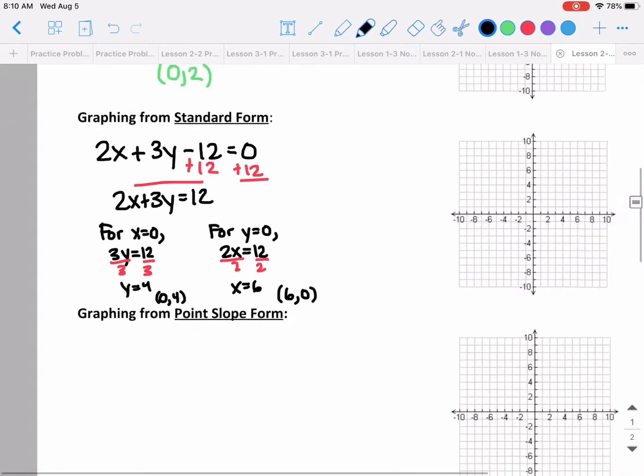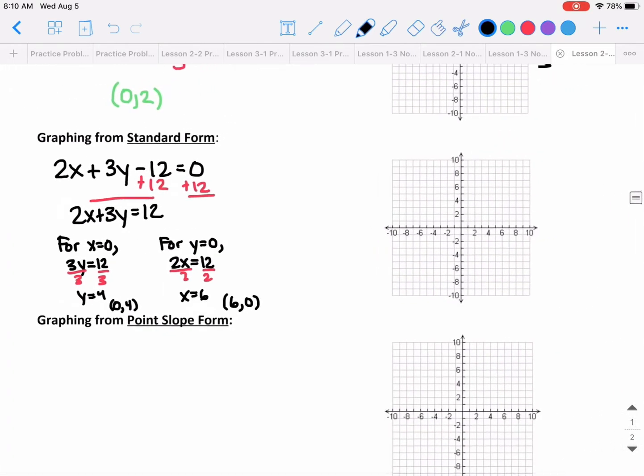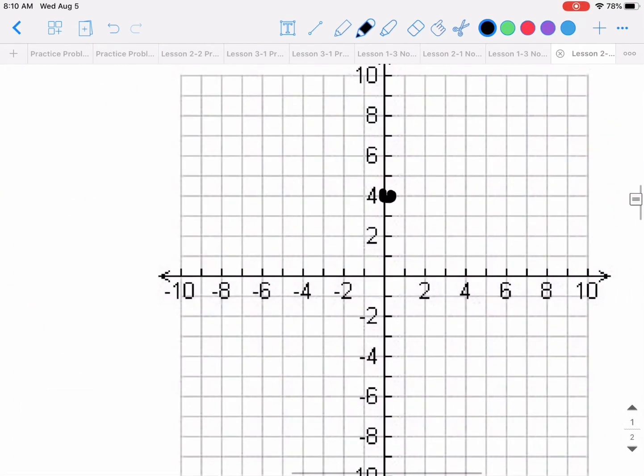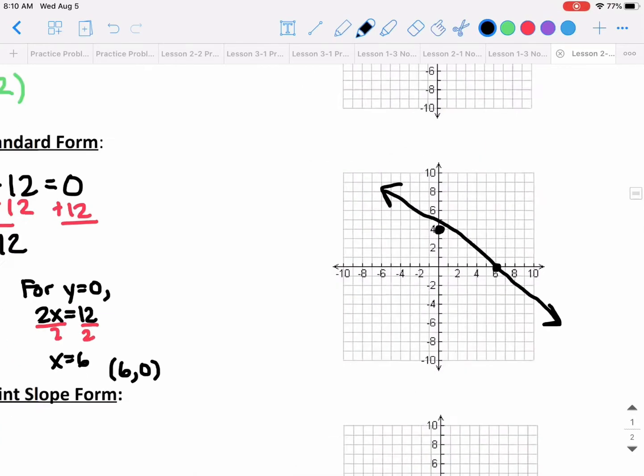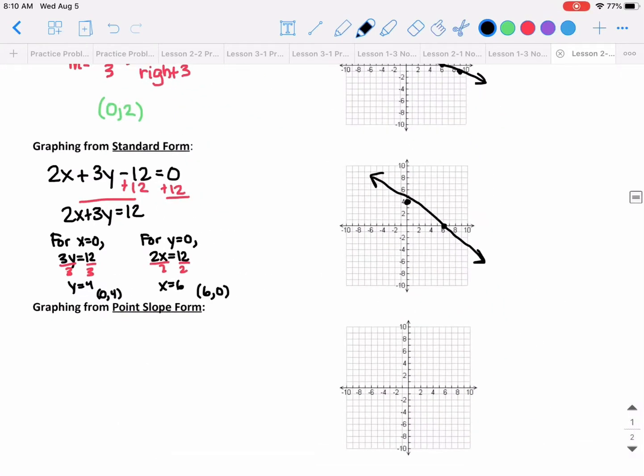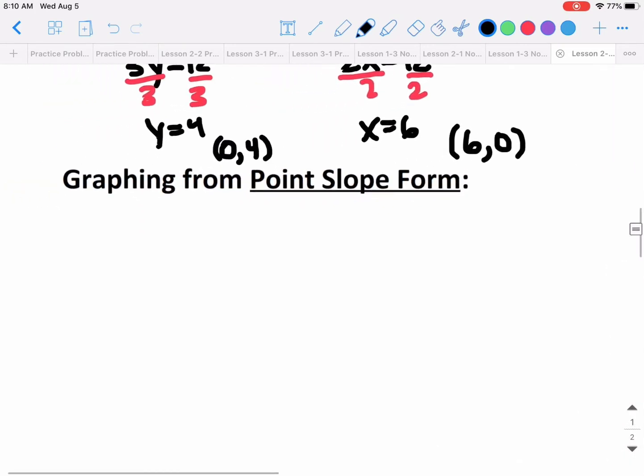I'm going to plot those 2 points, (0, 4) and (6, 0), and then I connect those two. You can do a better job than that. And there's my line.